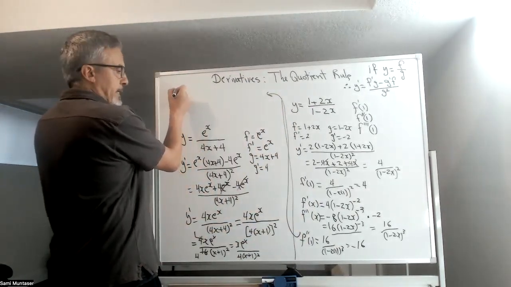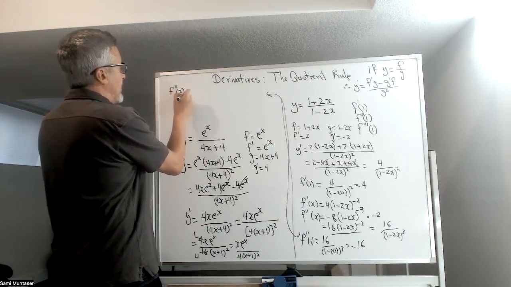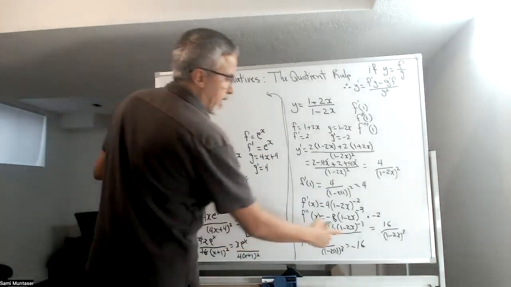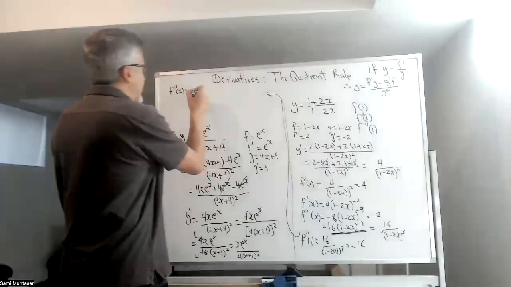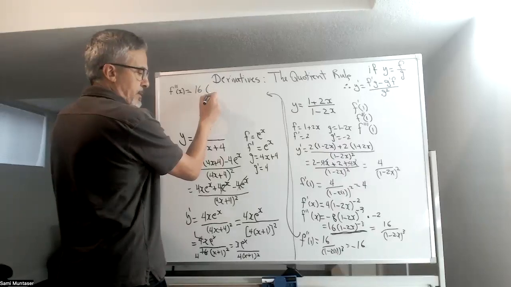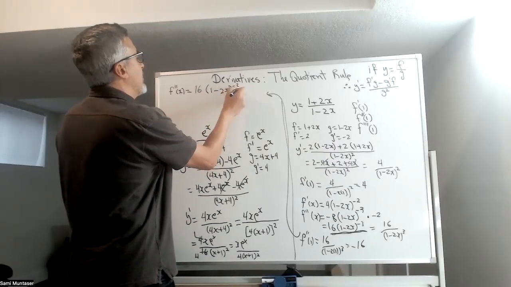So I need f double prime first. F double prime of x equals, now we're going to go from here, as I said, 16 times 1 minus 2x to the power of negative 3.